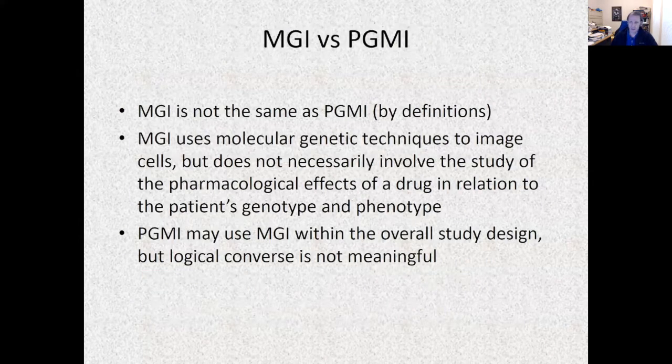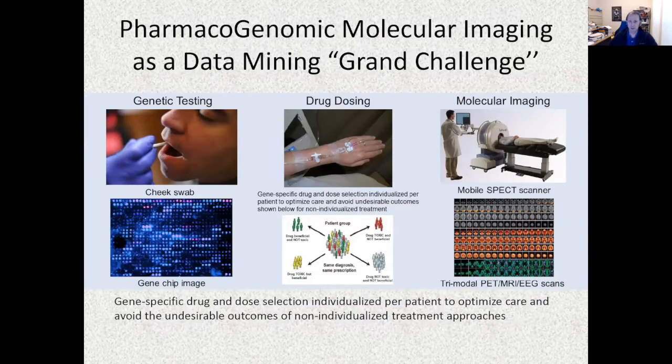Let me just move forward on this explanation of pharmacogenetic molecular imaging with this display of a 6-panel image, and we're mostly concerned, from a bioinformatics or clinical medical informatics perspective, with the bottom row in the middle.